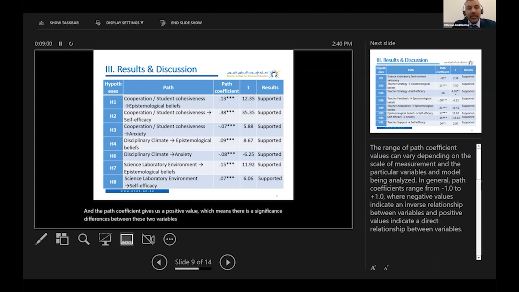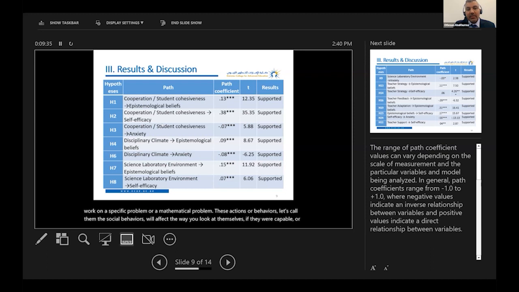For example, let's take the second one. There is a relationship between cooperation and self-efficacy. For example, if we have some students who collaborate together to complete an assignment, to work together to produce a project, or to work on a specific problem or a mathematical problem, these actions or behaviors, let's call them the social behaviors, will affect the way they look at themselves, if they were capable or not.